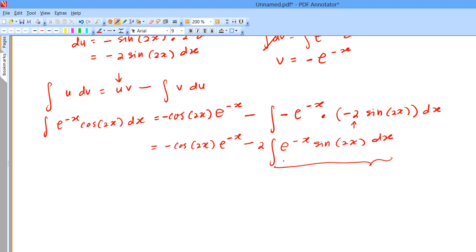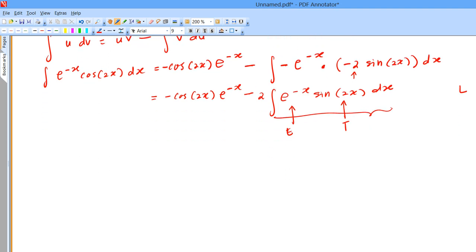So here you can define what is u and dv. It is based on the letters L, I, A, T, E. So e to the power of negative x refers to the exponential function, and sin 2x refers to the trigonometric function. So the letter T comes first, so we will let sin 2x be u.